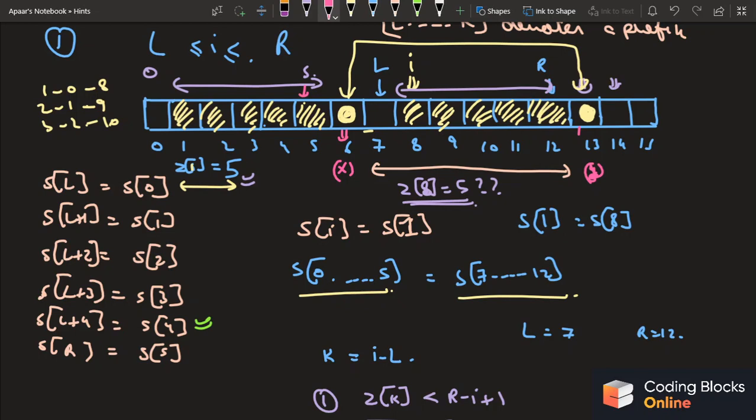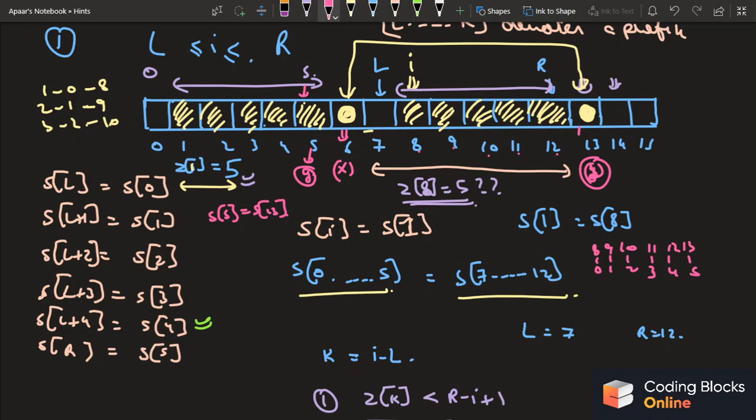Basically let's say that this was also y, s5. Now we can easily say that yes, this s5 equals s13. If s5 equals s13, then 8, 9, 10, 11, 12. See, 8 was equivalent to 0, 9 was equivalent to 1, 10 was equivalent to 2, 11 was equivalent to 3, 12 was equivalent to 4, and 13 was equivalent to 5, right?